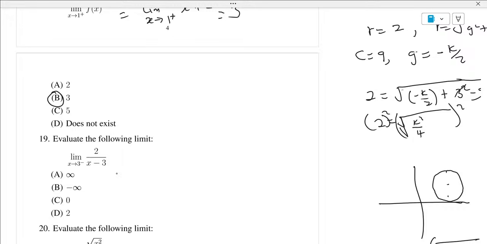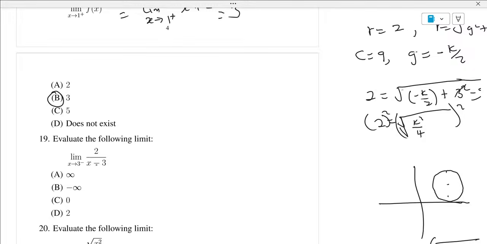So we are going to look at it from the negative. So we can take values like 2.9, 2.99, 2.99999. That is values that are approaching 3 from the negative. So you can put values like that there.